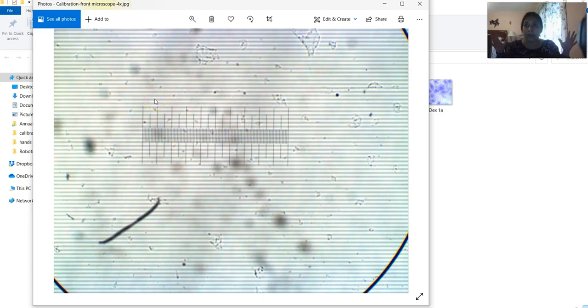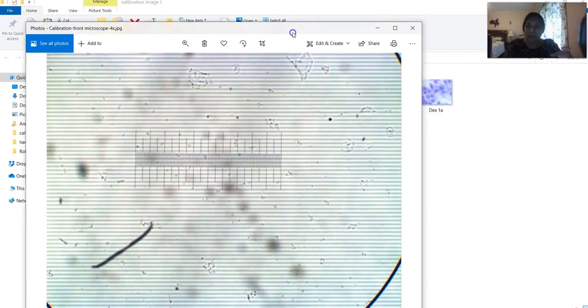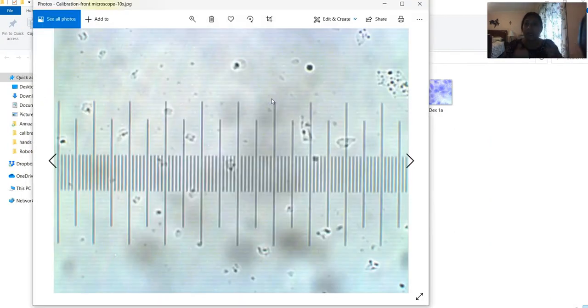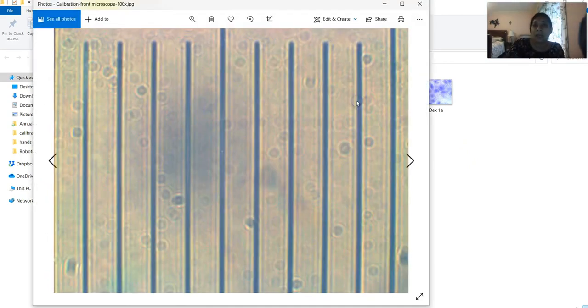So this is your bird's eye view, right? The scanning objective lens. With the same slide and same microscope, I then took the image at the 10x objective lens. Then I have one with the 40x objective lens, and then the same slide image using the 100x objective lens.